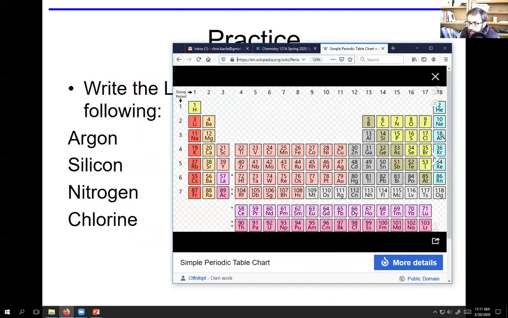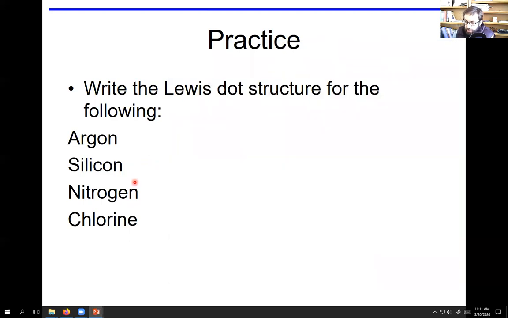Argon is a noble gas, so that's going to have 8 valence electrons. And so we would just write 8 electrons as 4 pairs of dots. The argon's happy like that. It's stable. It's following the octet rule. It's a noble gas. It's not going to form a compound.